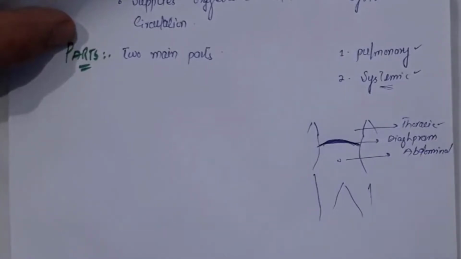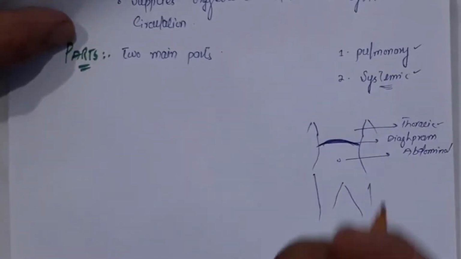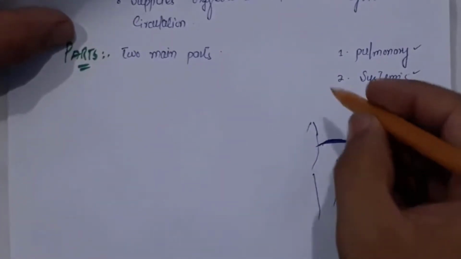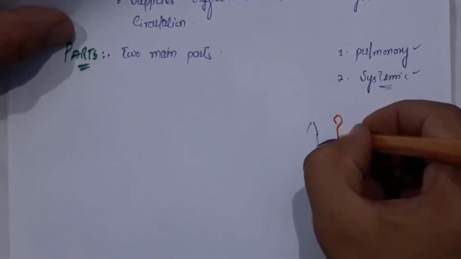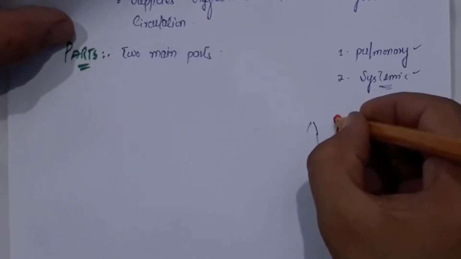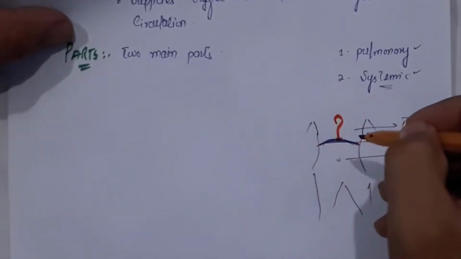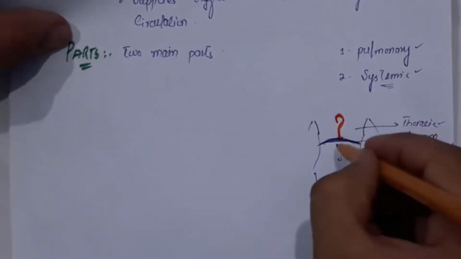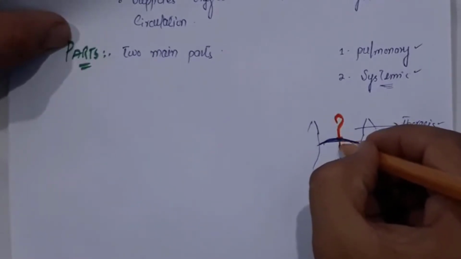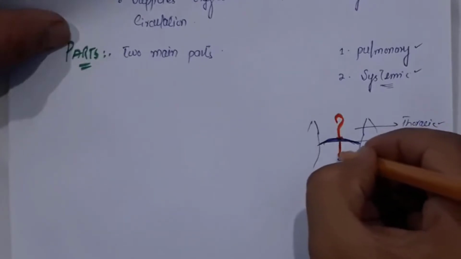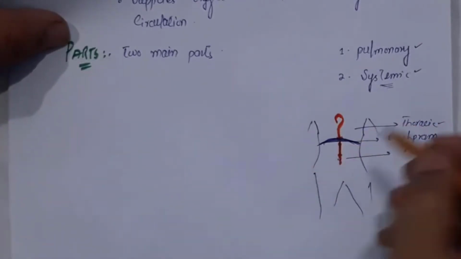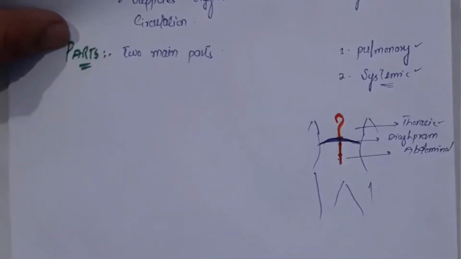Now the part of the aorta, look, I'm using red color just to recognize the aorta. The part of the aorta which lies above the diaphragm, in the thoracic cavity, is the thoracic aorta. And the part of the aorta which lies below the diaphragm in the abdominal cavity is called the abdominal aorta.